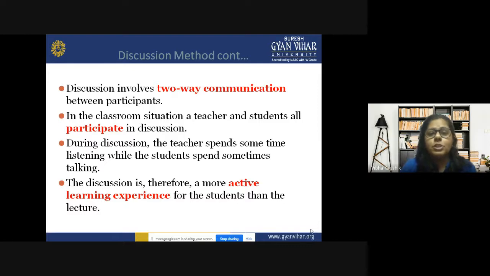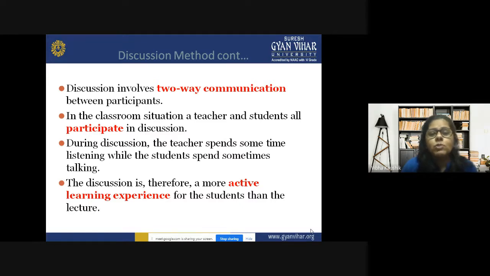Discussion method continued. Discussion involves two-way communication between participants. Means when we are talking about discussion, it cannot be one-way communication. It's two-way communication. Discussion can be held between a teacher and a student, between students and students.